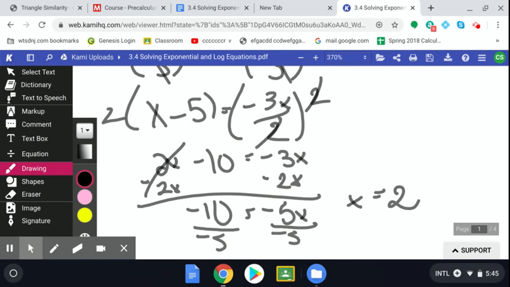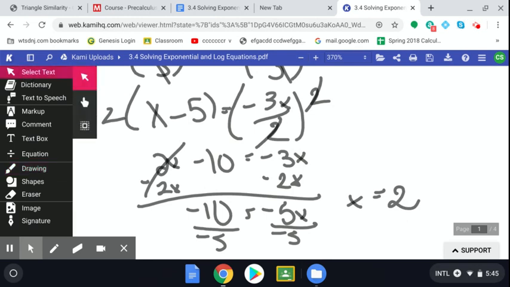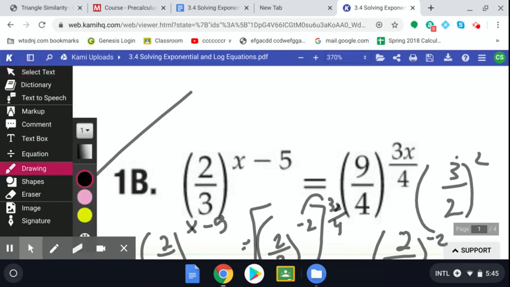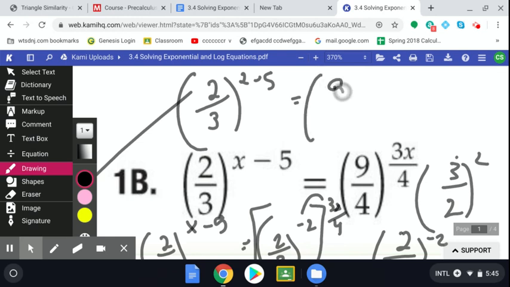Now remember, you should always check. So if x is 2, when I go back here, I should see that 2/3 to the 2 minus 5 is equal to 9/4 to the 3 times 2 over 4, which would just be 3/2.